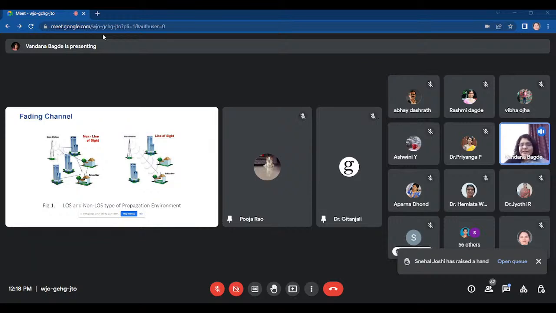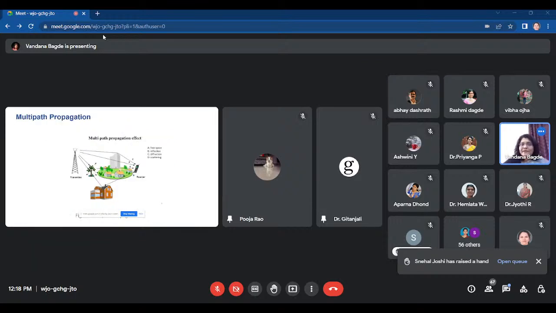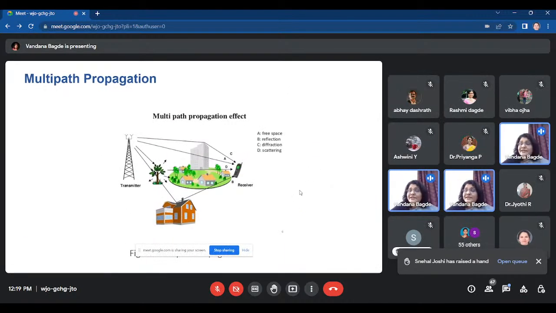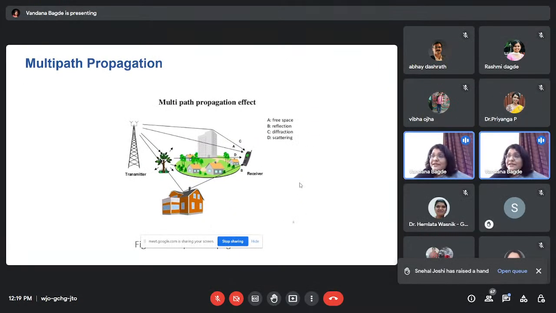Therefore, we need to avoid this multipath which occurs because of buildings, trees, and so many nodes. So you can see, A is free space, B is meant for reflection, C is diffraction, D is scattering. So once the transmitting tower transmits the signal, our receiver does not have the capacity of holding that signal properly.